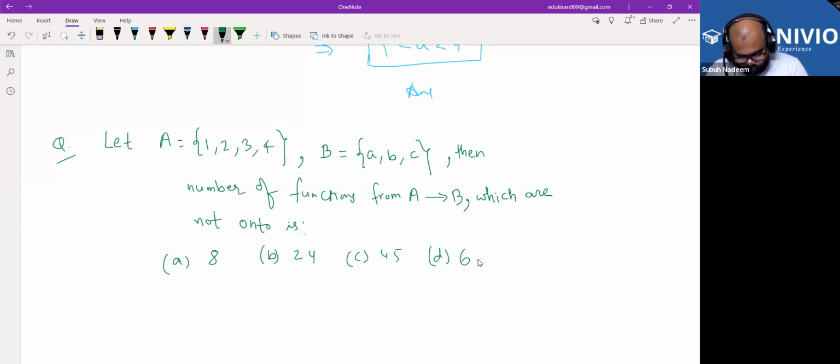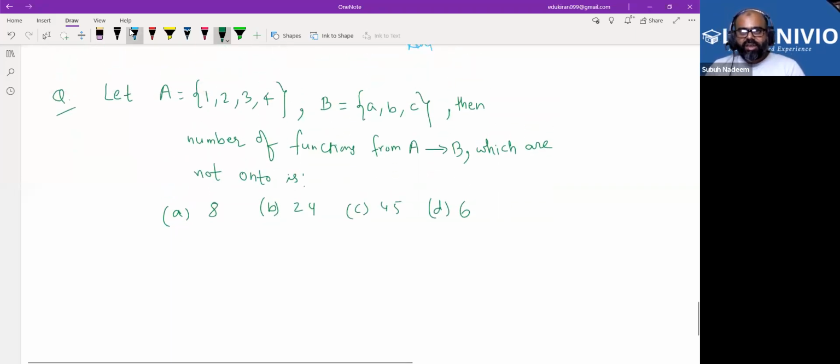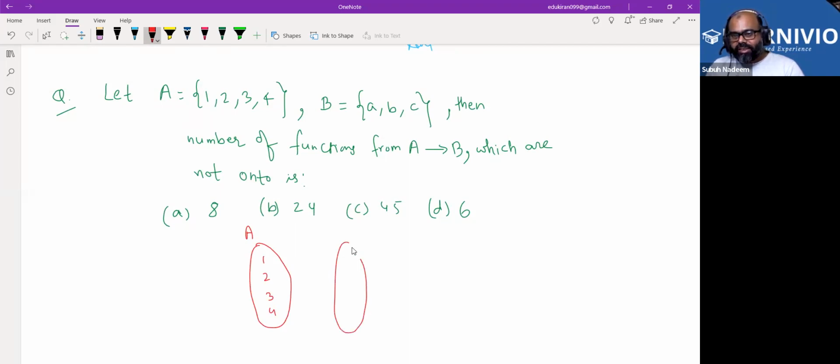Sir, can you just explain the question? The question is saying that it is simply a mapping. Set A is having elements 1, 2, 3, 4, and there is a set B having elements a, b, c. The number of functions from A to B which are not onto.